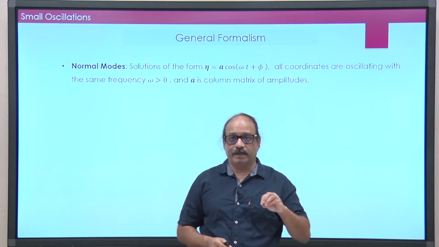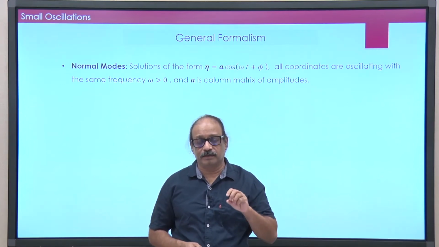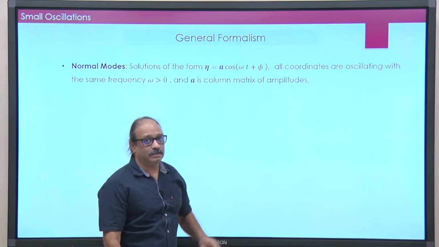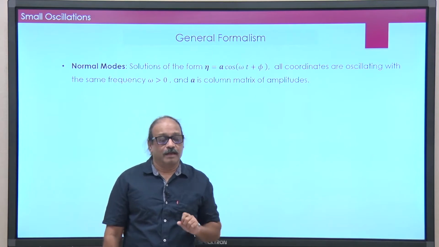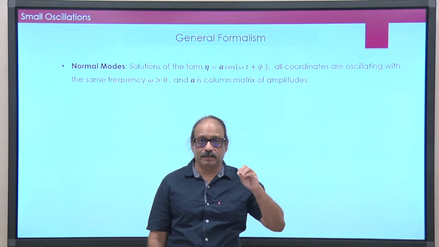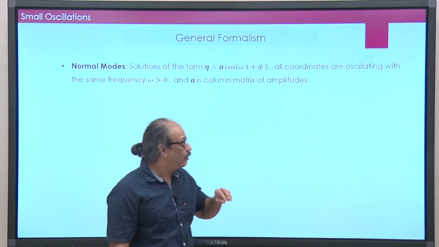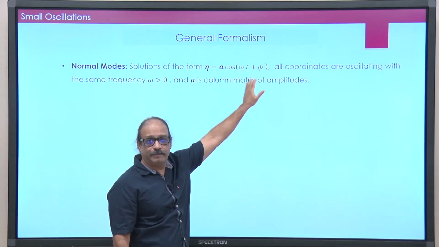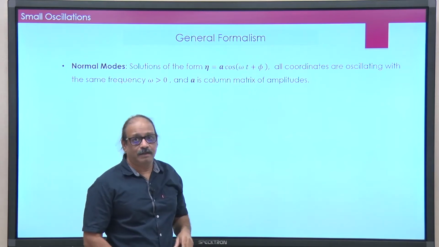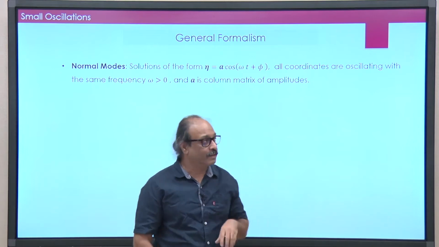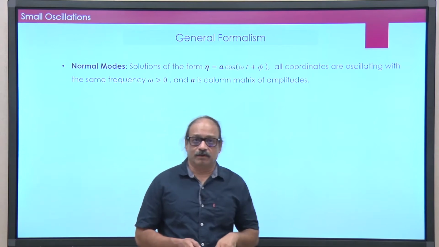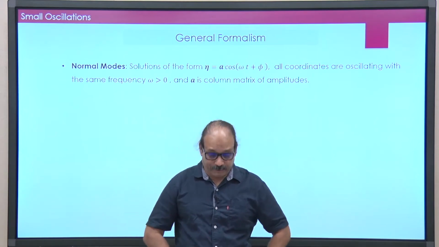Remember, eta is a column matrix with all the individual components, and A here will be a constant column matrix, and that means eta_1, eta_2, eta_3 and so on all have exactly the same time dependence, but different amplitudes. So, A basically becomes a matrix of amplitudes, and this omega is called the frequency of this particular normal mode. Okay.